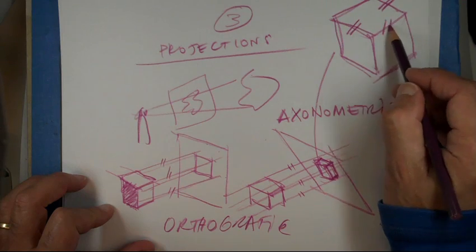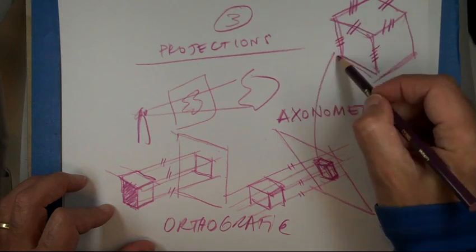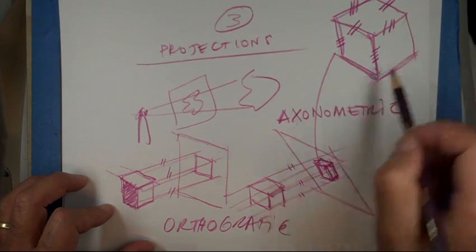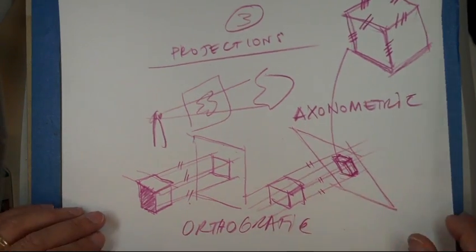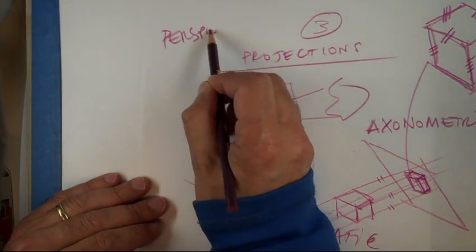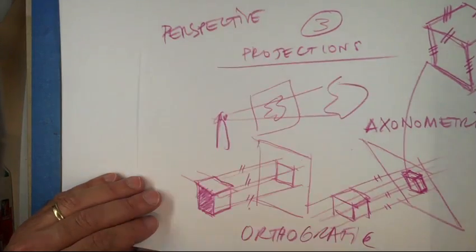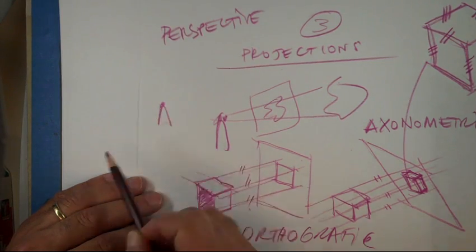That's parallel to that, that's parallel to this. So there is no perspective effect. The first is orthographic, the second is axonometric, and the third is perspective. All it means is that the lines in that case converge to the viewer.